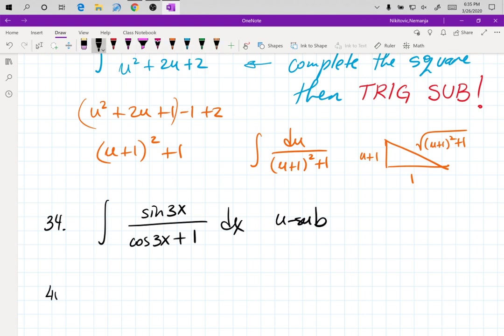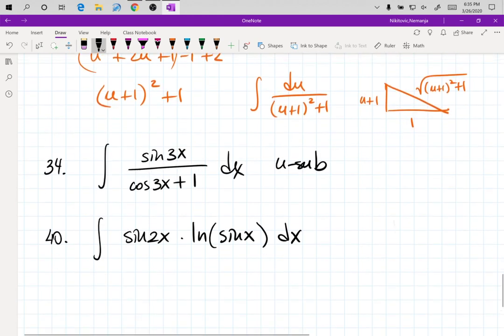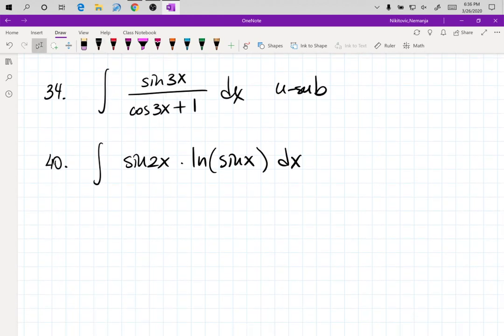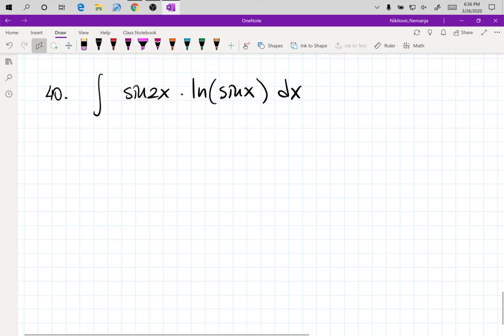Way more interesting, problem 40. Integral of sine 2x times ln of sine x dx. So this is way more interesting than the previous problem. So think about this one a little bit.